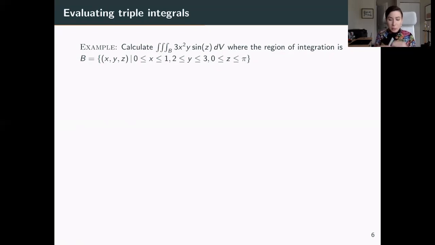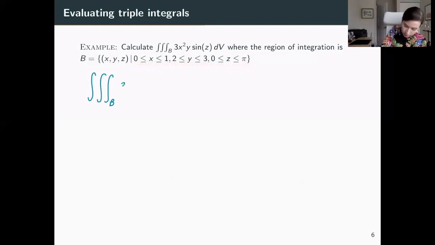Here we want to calculate this triple integral where we have a box region in three-dimensional space. We're given our box, and so we can set up this triple integral over our box region B. It's a box because I have constant values for x, y, and z.